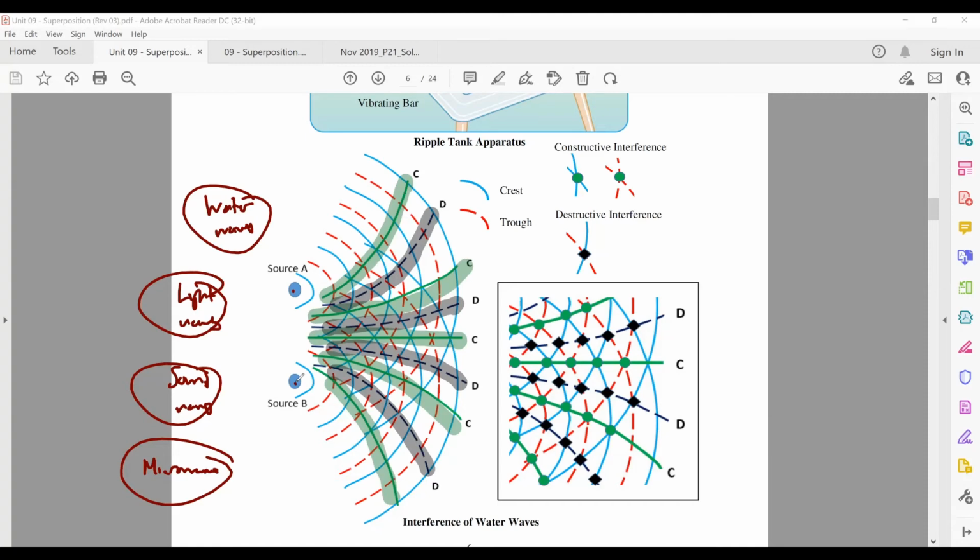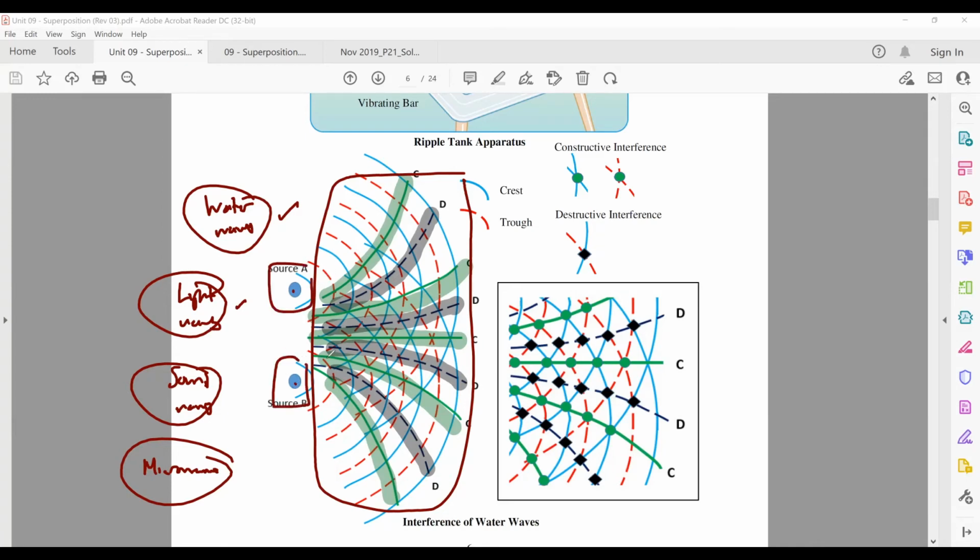Okay, for the water waves, it is easy for us to see the interference pattern where we have the constructive and destructive interference. All we needed to do was to shine a light onto the ripple tank, and then we will see the shadow of the interference pattern form below the ripple tank. But if we try to repeat the same thing using, say, light waves, let's just say right now we have source A and source B again.